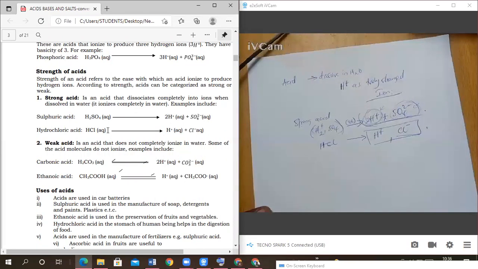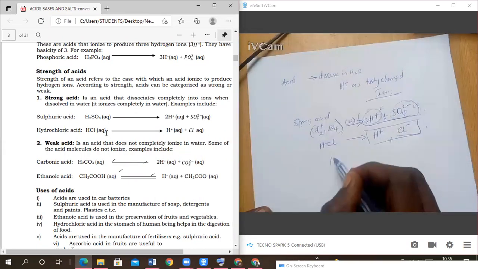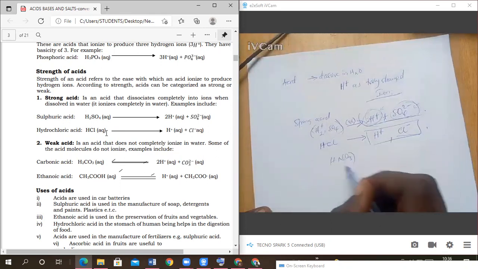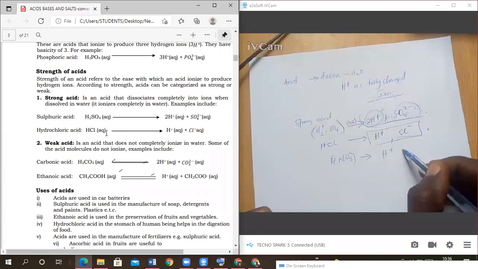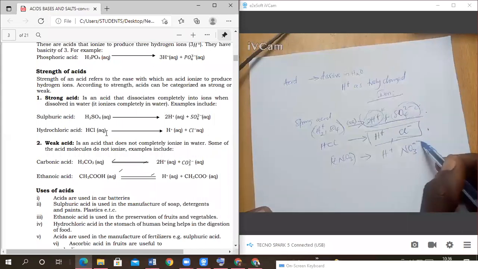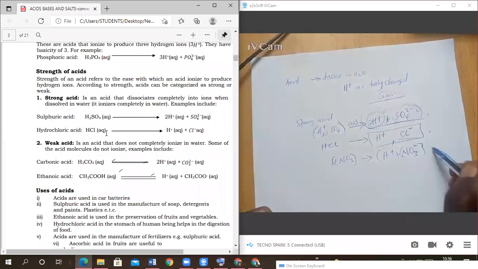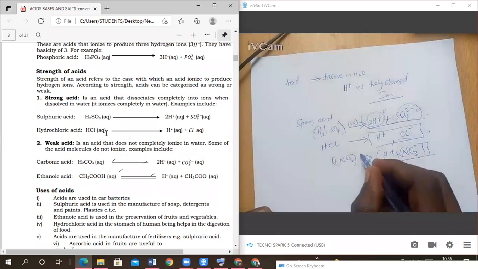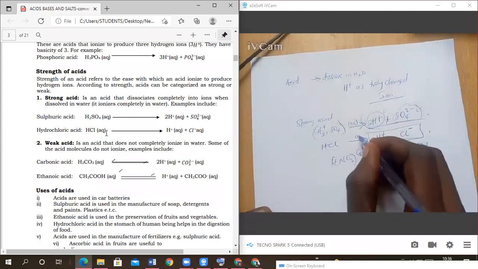Nitric acid also undergoes the same thing. It goes into hydrogen ions and the nitrate ion. Those are the only ions present if they go into water, that aqueous state.